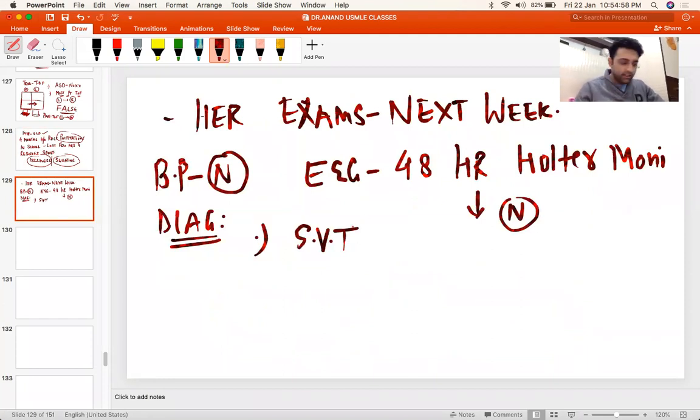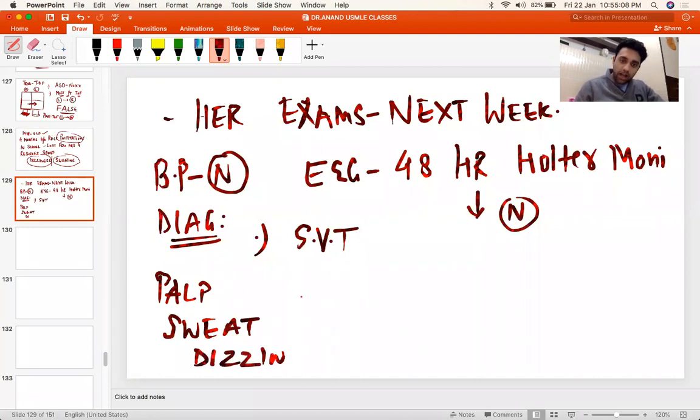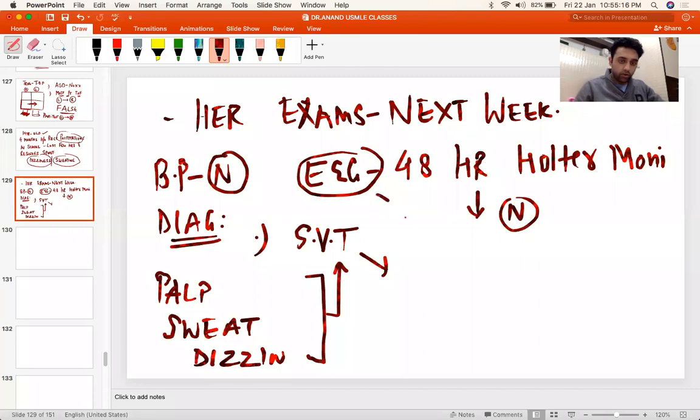Annie, very good. As you know, palpitation, sweating and dizziness are all features of supraventricular tachycardia, but the patient's 48-hour ECG is normal. What is the ECG finding in supraventricular tachycardia?